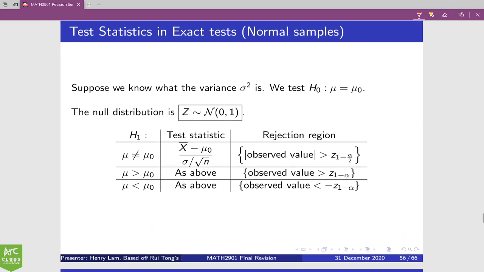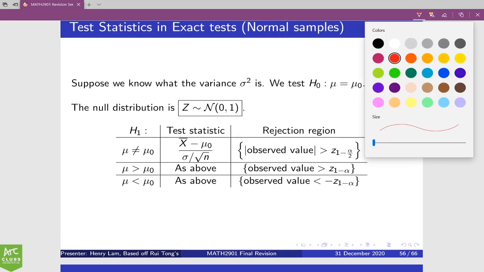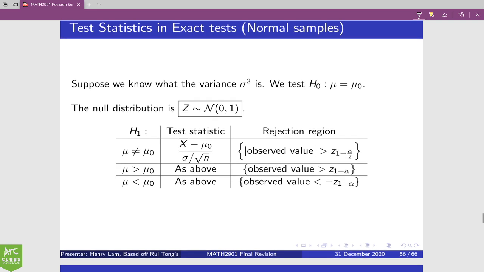And the way you'll set it up is basically this. So suppose the setting is basically the same alternate hypothesis. Here, this is known variance. Here you don't care whether it's positive or negative, so you just look at whether the observed value is too big in general.